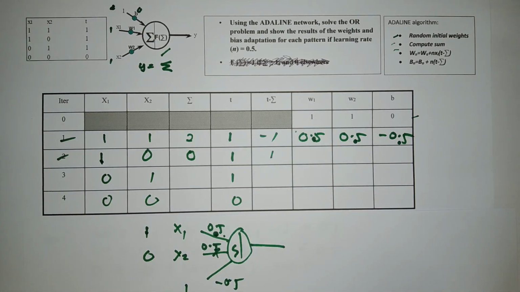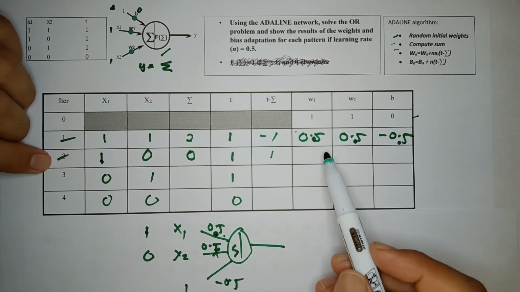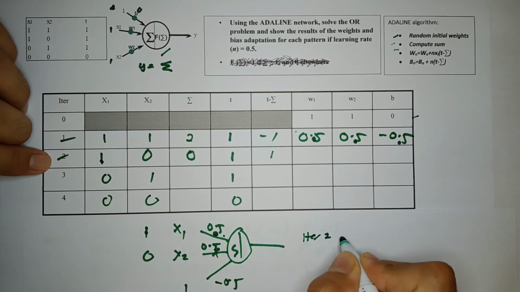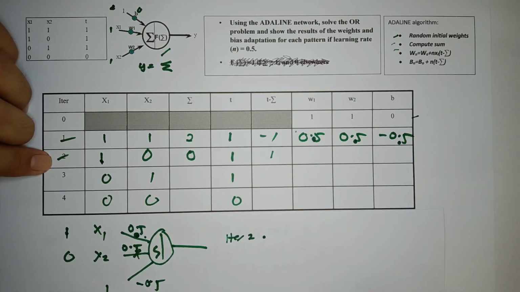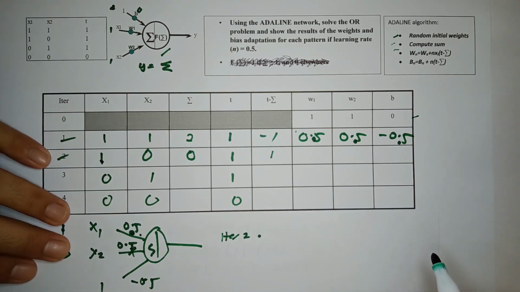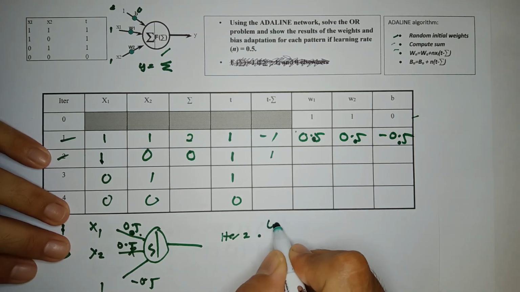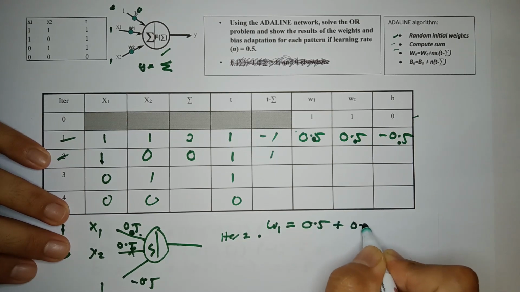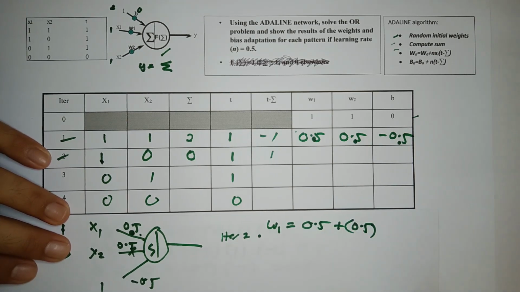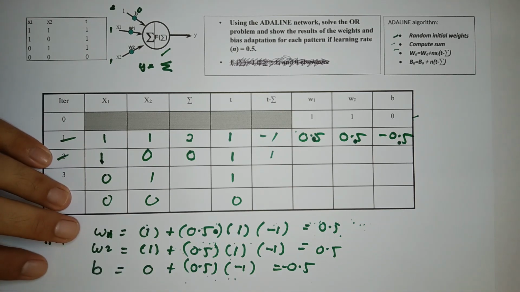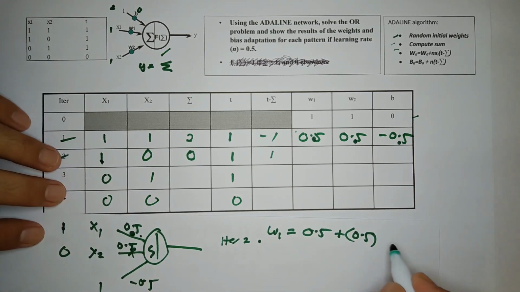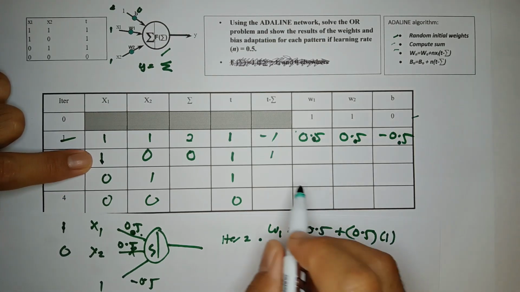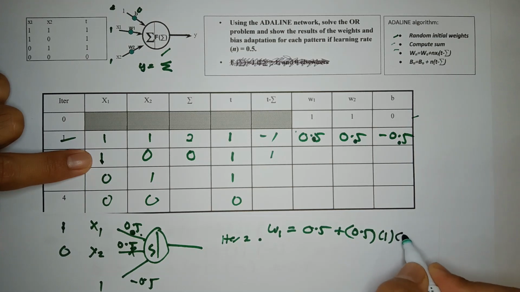So the next part, we perform the updating process. For the iteration 2 updating process for W1, W1 will be equal to W old, which is 0.5, plus learning rate 0.5, and then our input x1 equal to 1, and then our t minus summation equal to 1.